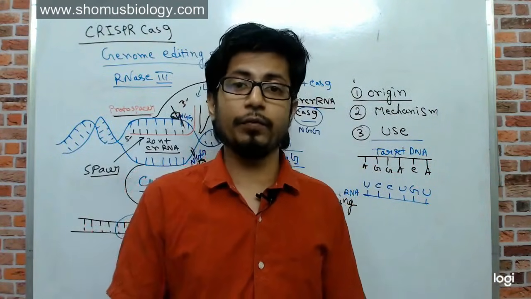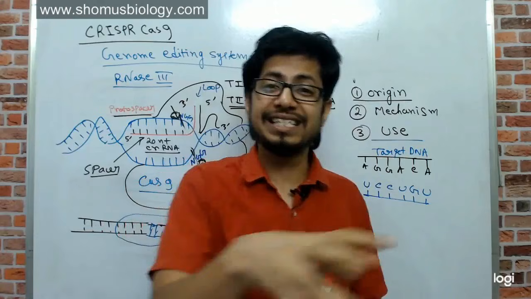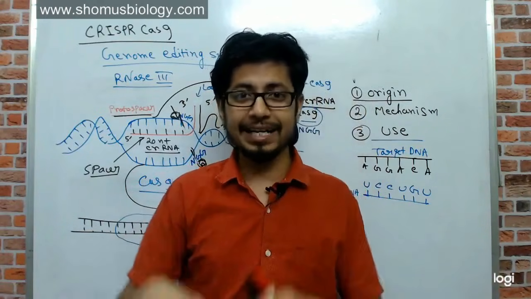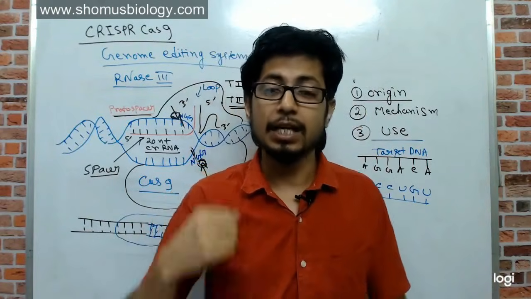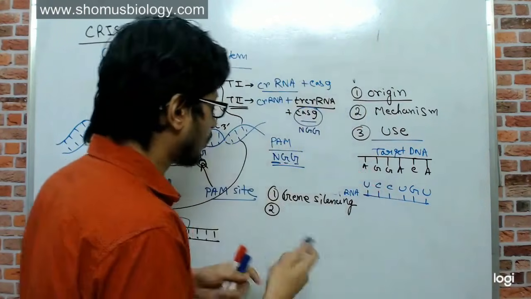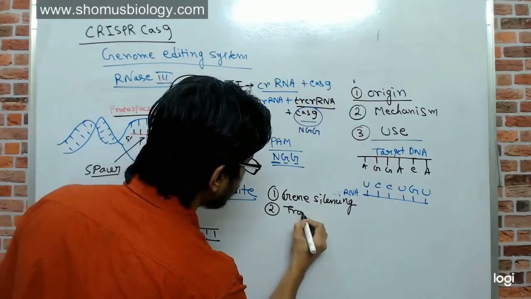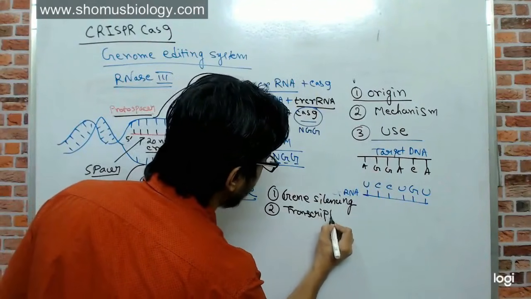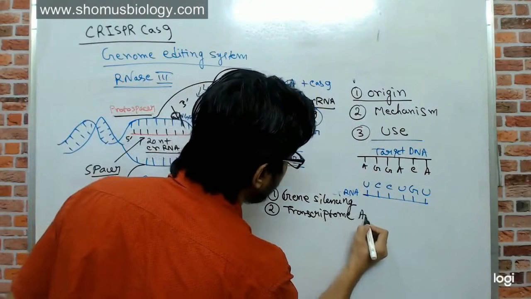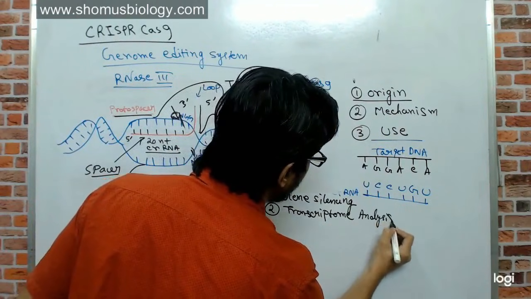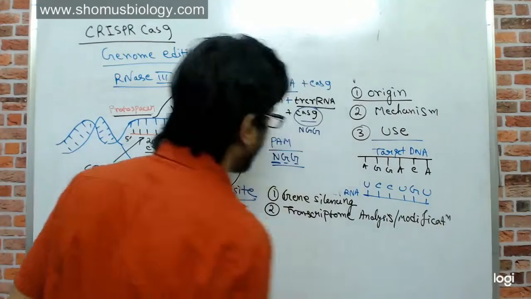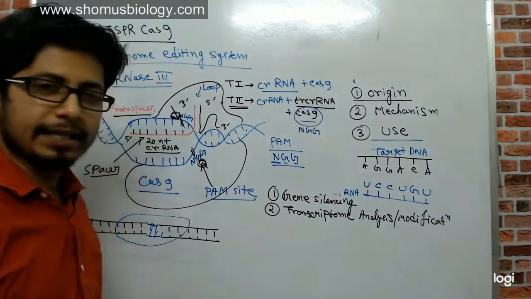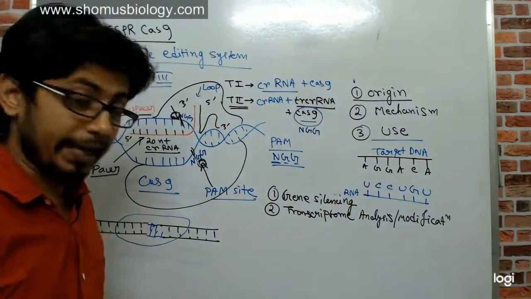As a result, we can change the transcriptome inside the cell and how the proteins are produced. So transcriptome analysis and modification can be done utilizing the CRISPR-Cas9 DNA silencing mechanism.